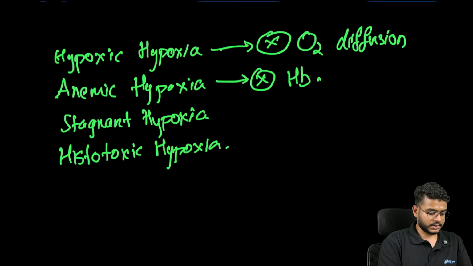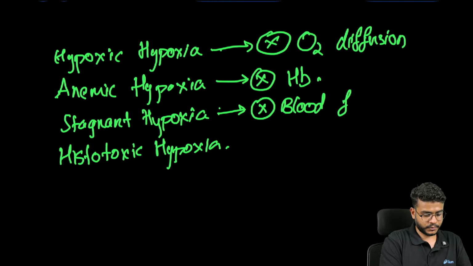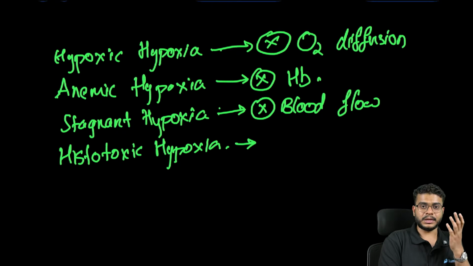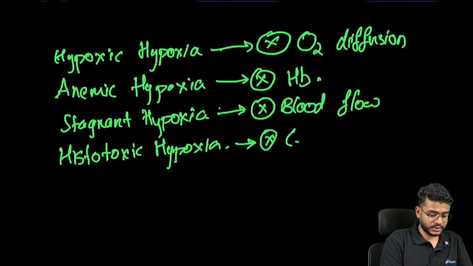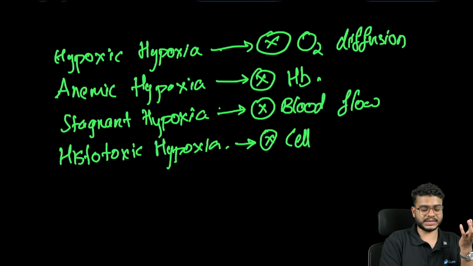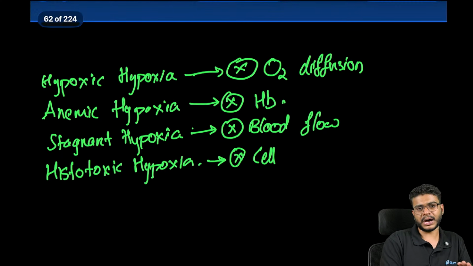The next one, stagnant hypoxia, there is no problem with O2 diffusion or with the hemoglobin. The problem here is with the blood flow. Histotoxic hypoxia, here there is normal O2 diffusion, normal hemoglobin, normal blood flow, but the problem is with the cell. The cells or the tissues cannot utilize the oxygen in the blood. Okay, this is about hypoxia.